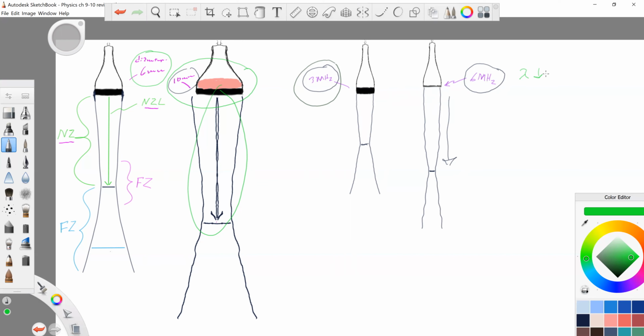And near zone length in this case was longer. So we have a smaller wavelength creating a longer near zone length. So smaller and longer are inversely related. So yes, they are inversely related. Okay, let me put on pause and see what the next set of questions we're going to do.